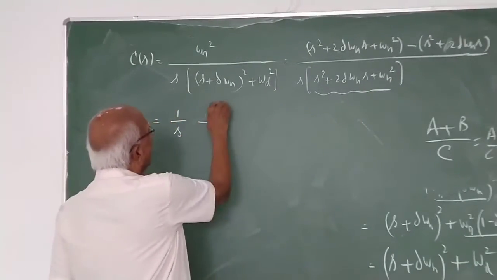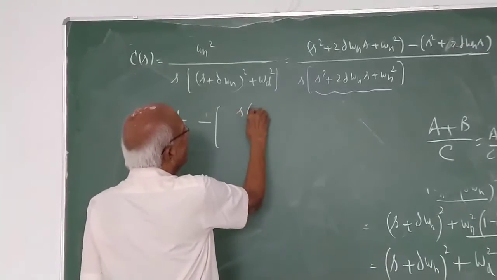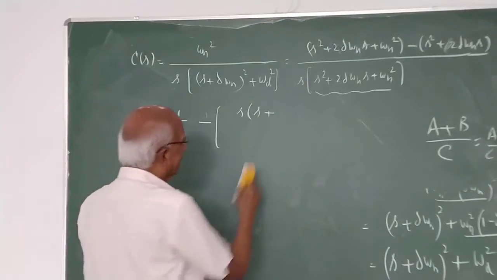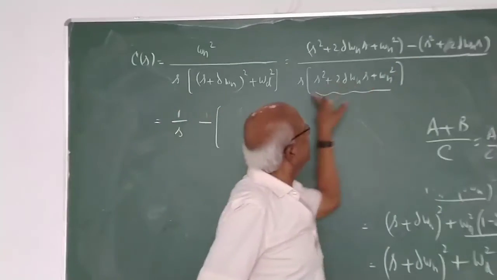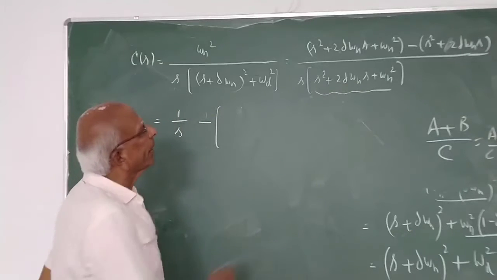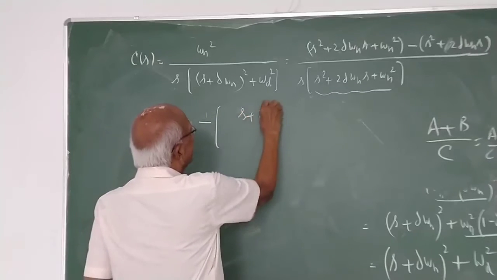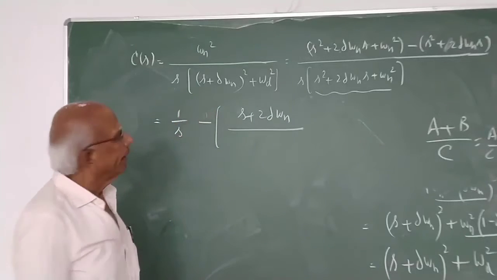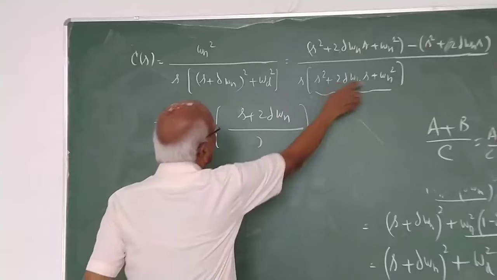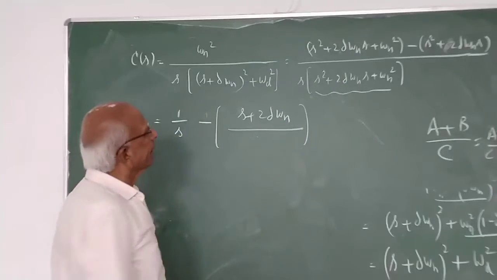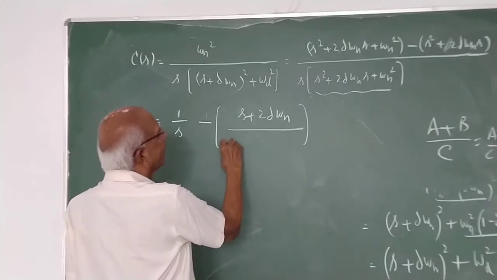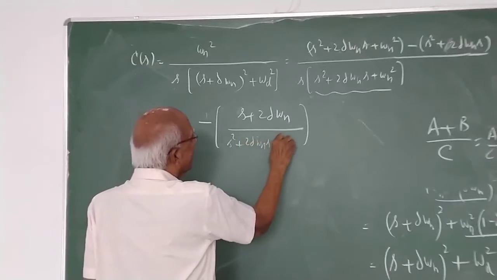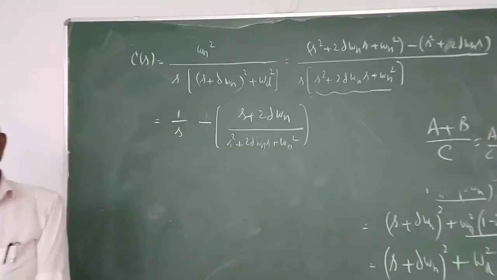I can write in brackets s into s plus etc. I'll skip one step: this s can be cancelled with this s. And then you get s plus 2 delta omega n divided by the denominator. Denominator, just put it as D, please. Or shall I write it in full? S squared plus 2 delta omega n s plus omega n squared.